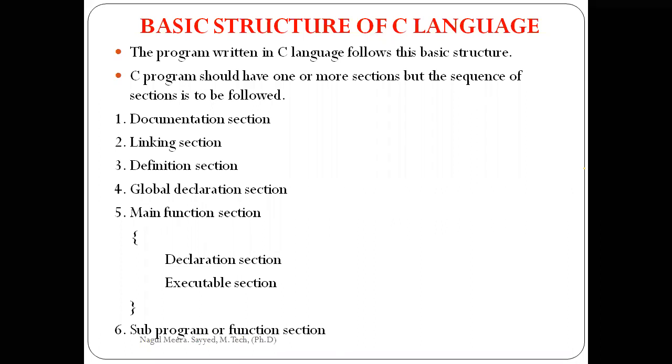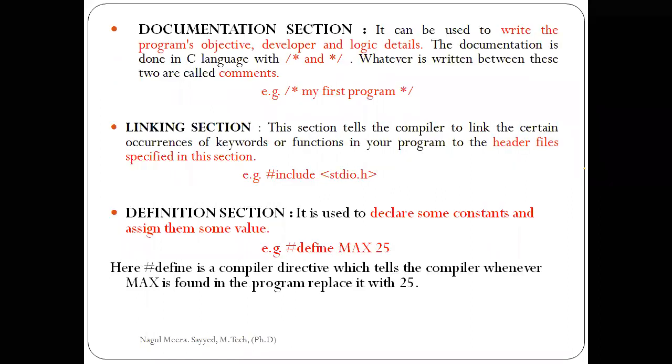So coming to our first section, the documentation section. What is the meaning of the documentation section? A documentation section is one of the sections, and it is the first section in a C program. What is its purpose?